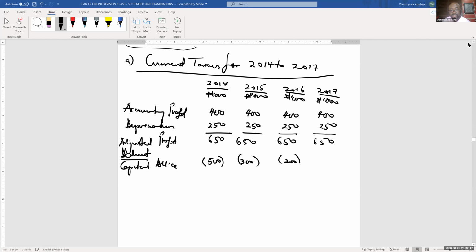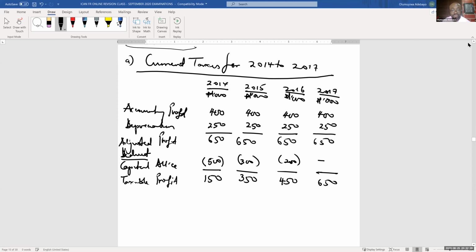In that case, I obtain my taxable profits. What's my taxable profit? 150, 350, 450, and what? 650. What is our tax rate? 40%.